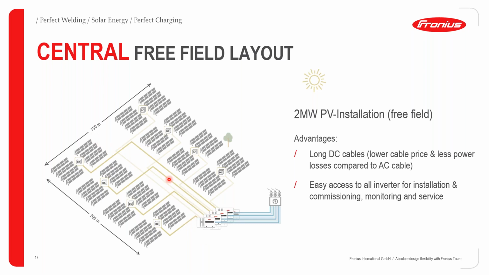We would have long distances here, 200 by 150. That's just an example. But think about the cable losses, the power losses we would have if we would run here with a very thin DC cable. That's of course not good. And here with a very big DC cable up to 95 square millimeters, we don't have to be worried about the power losses in this situation. So that's of course a big advantage.